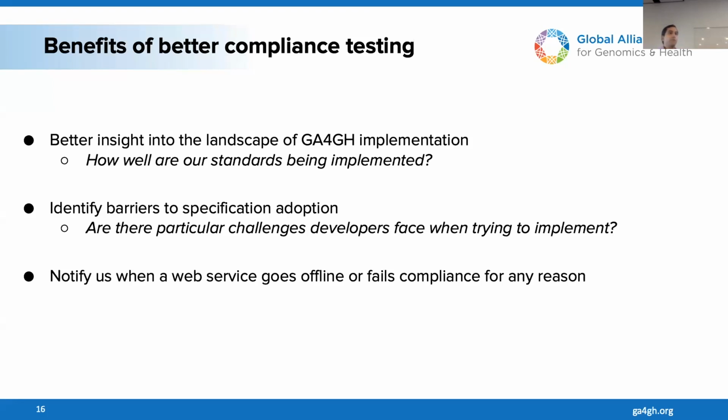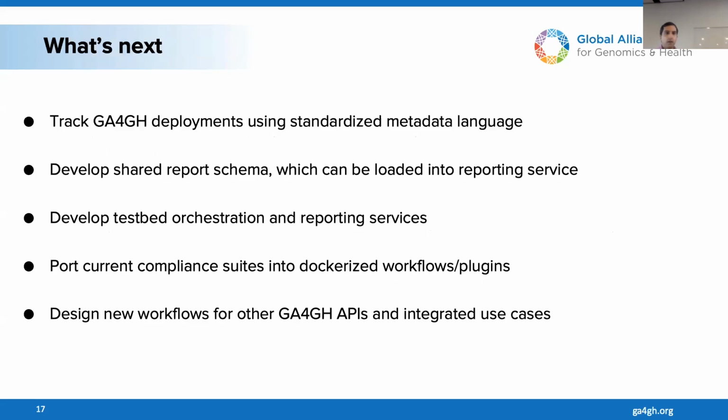That might pave the way for what we should address in the next version of a standard, and it'll notify us when some web service goes online or fails to comply. Obviously, at the GA4GH, we don't want to say this is the gold standard of htsget when it's not passing all the tests. So it'll give us more insight into the landscape of how our standards are being implemented.